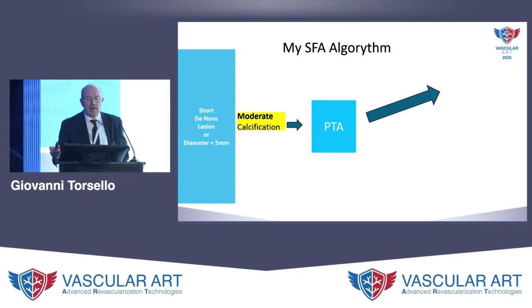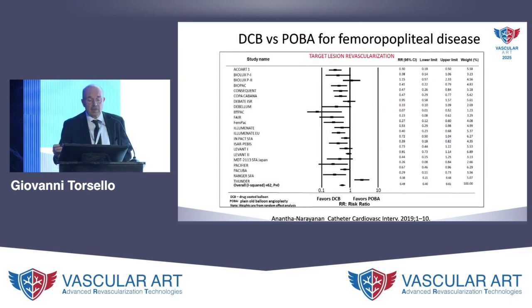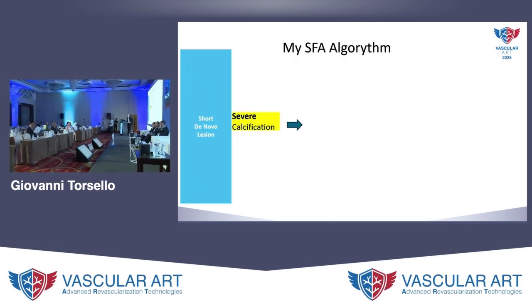I use PTA first and I go for DCB. And I would implant a drug-eluting stent only in case I have a severe dissection or a severe recoil. And this is supported by many studies you see here, the efficacy of DCB for such type of lesions.